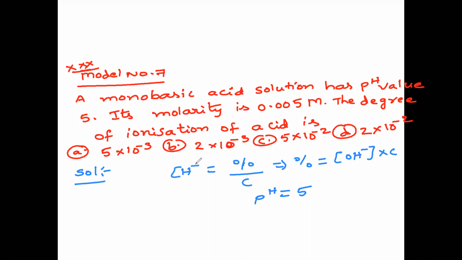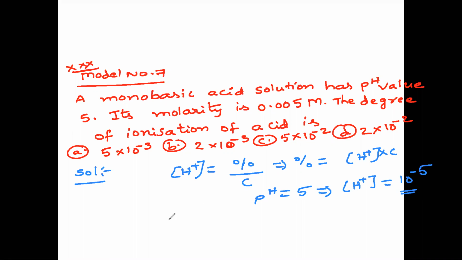Concentration of H plus is equal to alpha by C. By this you can say alpha is equal to concentration of H plus into C. Since pH is equal to 5, H plus concentration is equal to 10 to the power of minus 5.